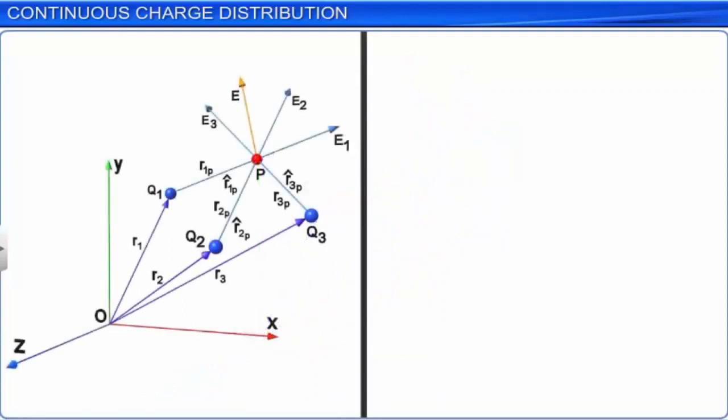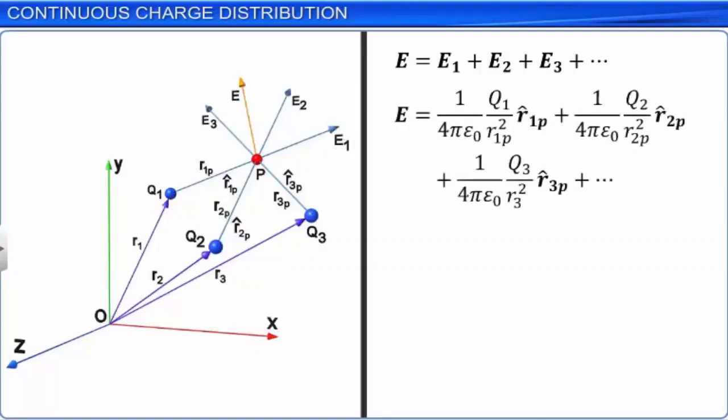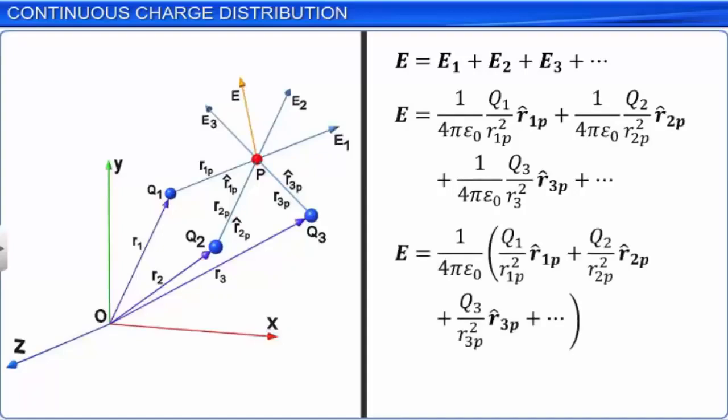The net electric field strength E at the point P will be equal to the vectorial sum of all the electric field strengths E1, E2, E3 and so on. Therefore, E is equal to 1 by 4 pi epsilon naught into Q1 by R1P square into R1P cap plus Q2 by R2P square into R2P cap plus Q3 by R3P square into R3P cap and so on.